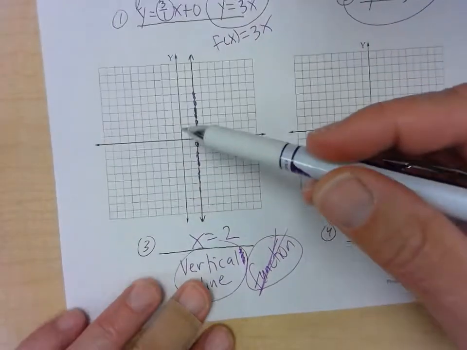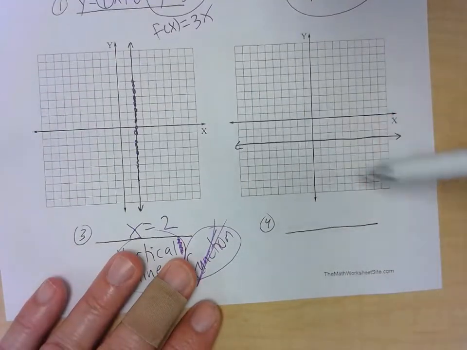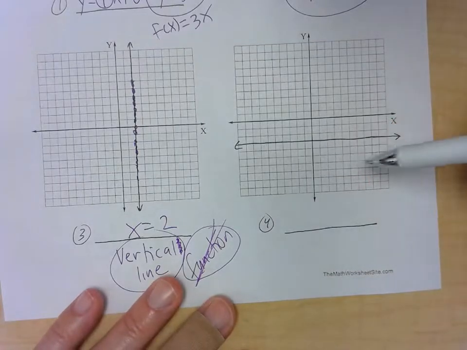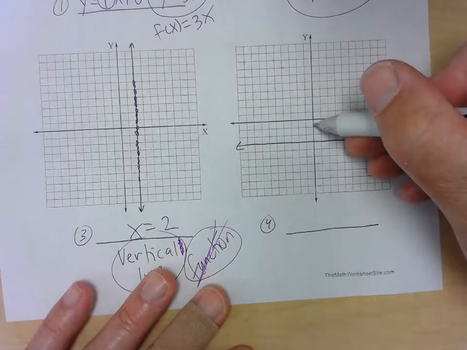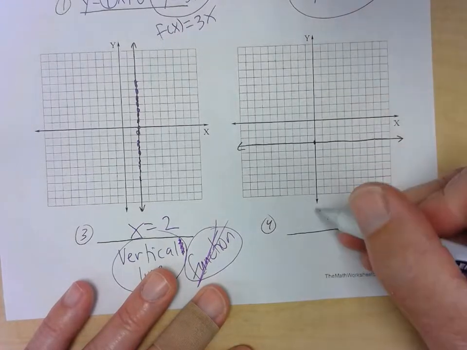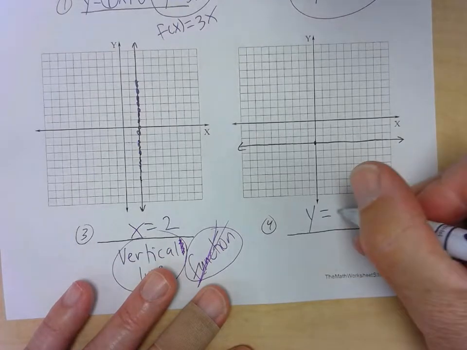So if x equals makes a vertical line, y equals is going to make a horizontal line. So I just need to figure out what y value am I stuck at. Well, 1, 2, 3 spots down. So y is always down 3 spots. So y equals -3.